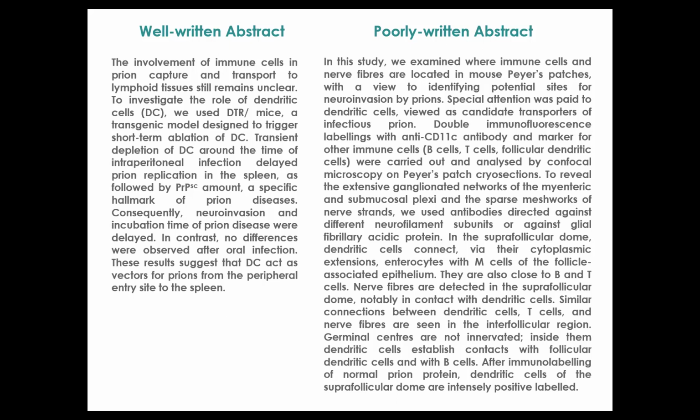Transient depletion of DCs around the time of IP infection delayed prion replication in the spleen, as followed by PrPc amount, a specific hallmark of prion diseases." So they tell us the methods used, but very briefly. They tell us how they did it. They tell us the result.